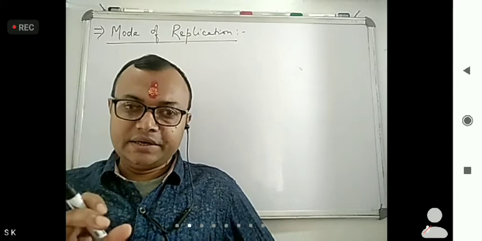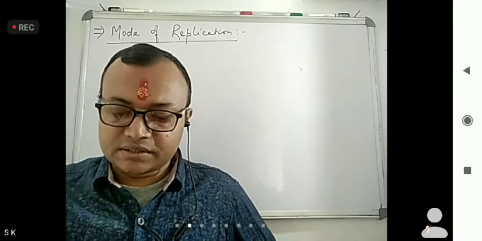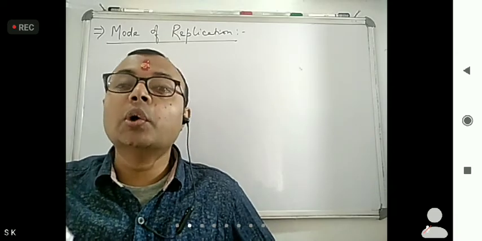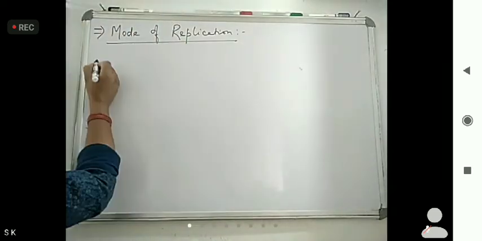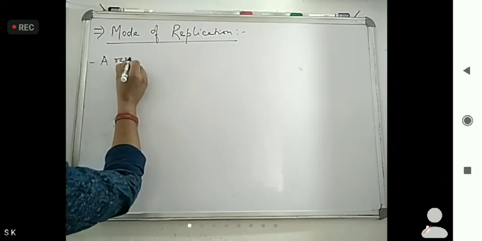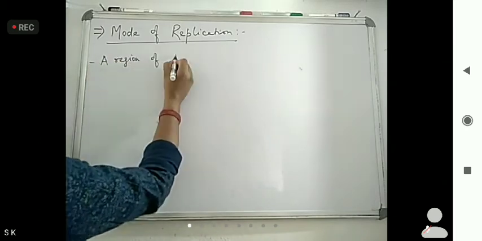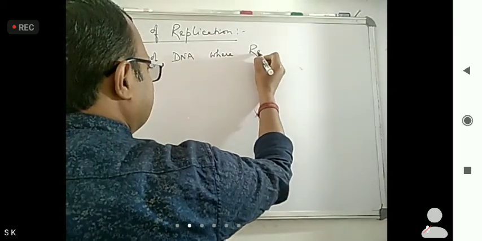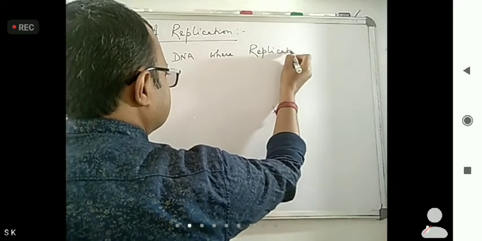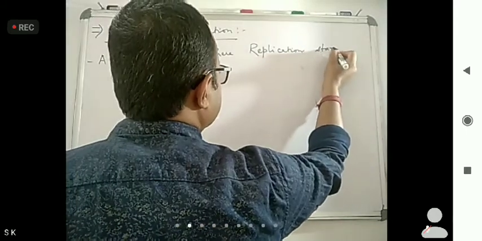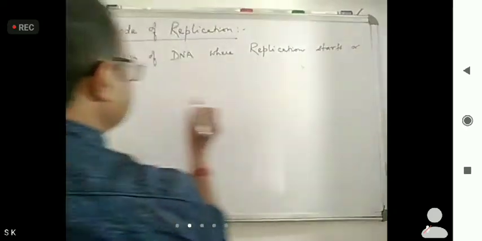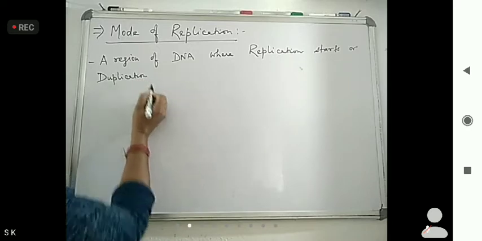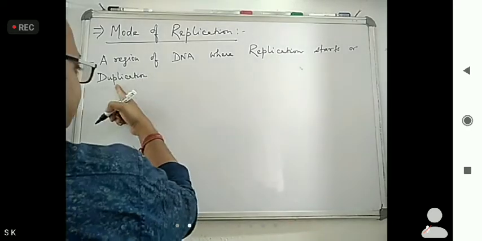A region in the DNA where replication starts is called the origin of replication, or ORI. Okay, so what I told: a region of DNA where replication starts, or duplication, because they are making an exact copy of their parent DNA, so that's why duplication.